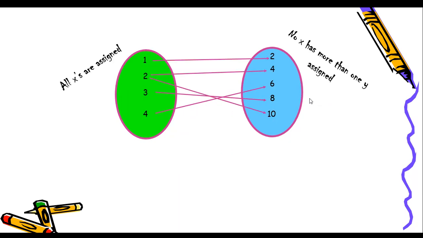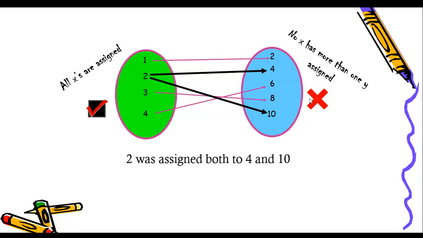Next, third example. So, let's check if this relation satisfies the two conditions to be a function. First, all x are assigned. Check. No x has more than one y assigned. No. Why not? Because 2 is paired with 4 and 10.